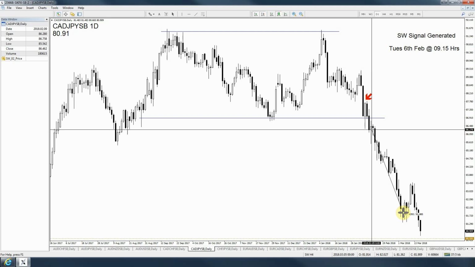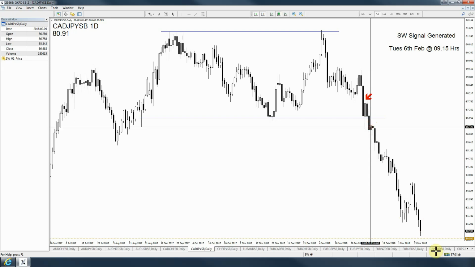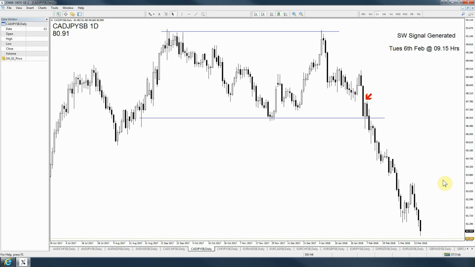I know people that are still holding this particular pair short. They're currently looking at around the 530, 550 pip profit range. And that's in a matter of days. What are we looking at there? We're looking at 25 days, so just over a trading month. Easy money for as long as you know that that is something that is happening in the marketplace.